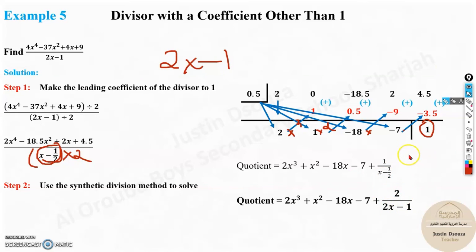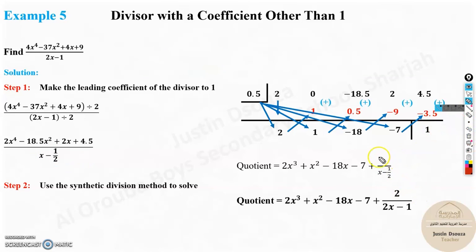But remember, sorry, I told you wrong. Whenever we multiply, both the sides must be multiplied, okay? Now, please understand this. See over here, when we divided, what did we do? We divided both the sides, up and down, numerator, denominator.